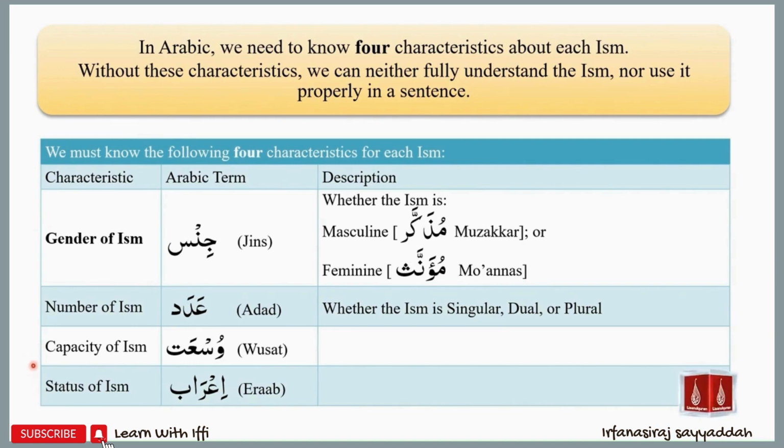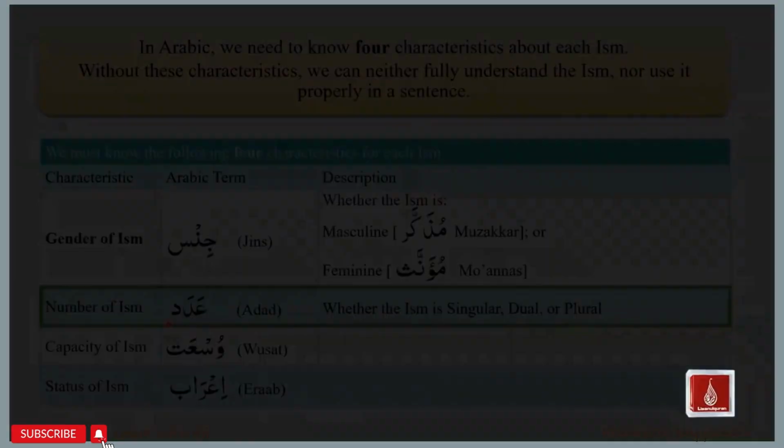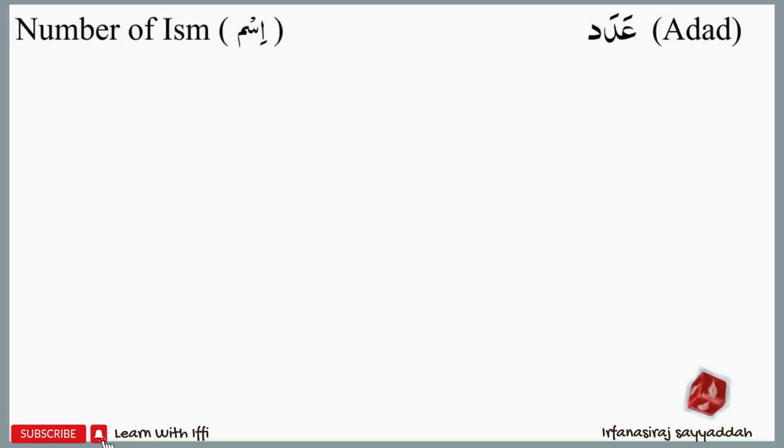In the last lecture, we studied the gender of ism. In this lecture, we will study the number of ism. The number of ism is also called adad. Let us study the number of ism in more detail.